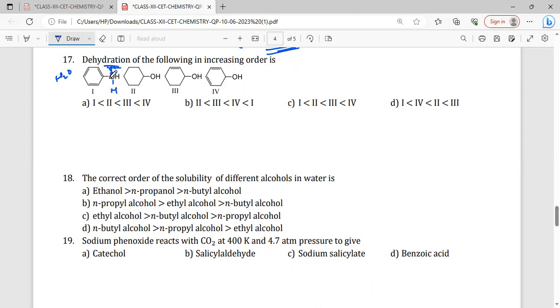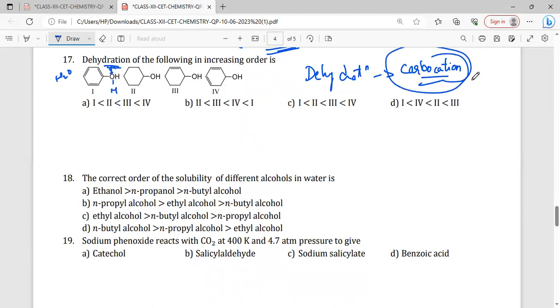So dehydration reaction rate would be high when the carbocation which is forming would be stabilized, right? In dehydration reactions, you'll be having a step wherein you'll be getting a carbocation. So obviously the reaction depends upon the stability of this carbocation, right?